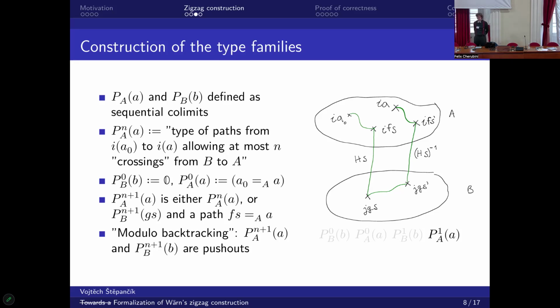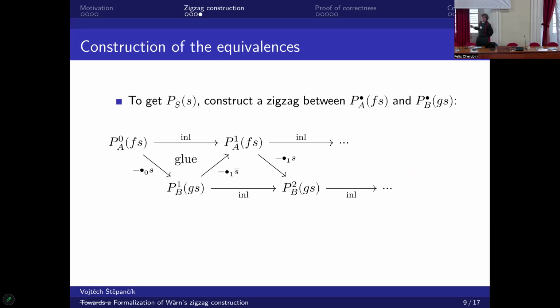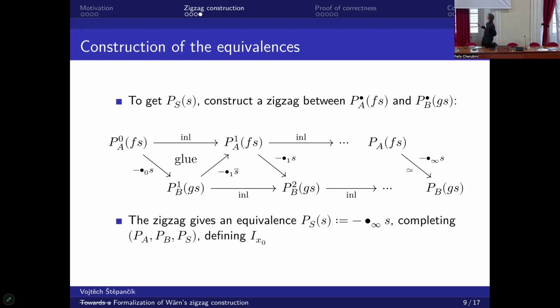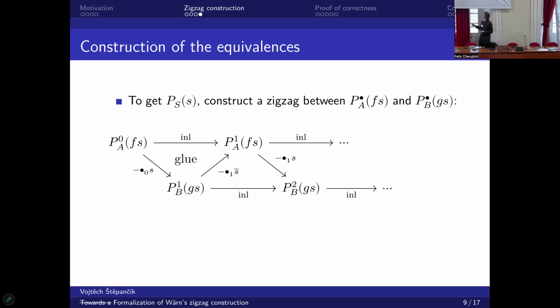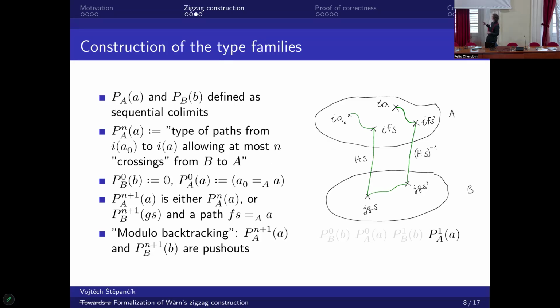Could you go back to the zigzag slide? This one? Yeah. What is this notation with the bullets? Oh, yes. So this is a more evocative name for the right inclusion of the defining pushouts, and so that's the map that here takes the path into the other component and concatenates this guy.